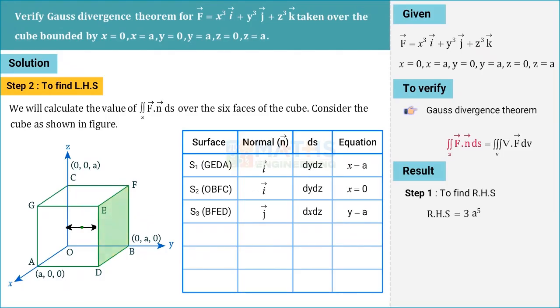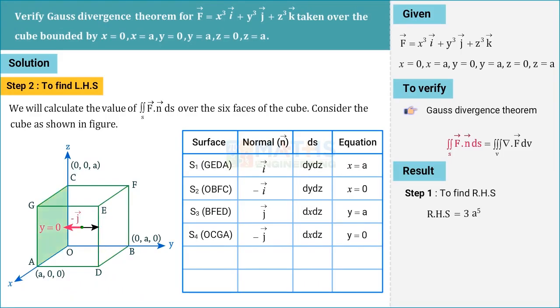Now consider the surface BFDE. Here the normal vector is positive direction of y-axis. So that is j vector. Equation of this surface is y equal to a. So dy value becomes 0. We have x and z coordinates alone. So dS is equal to dx dz.